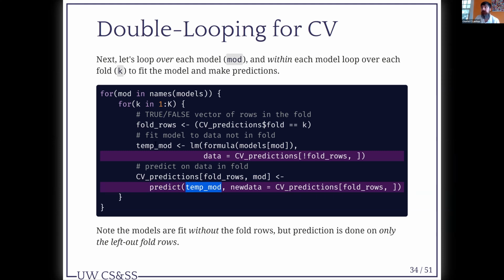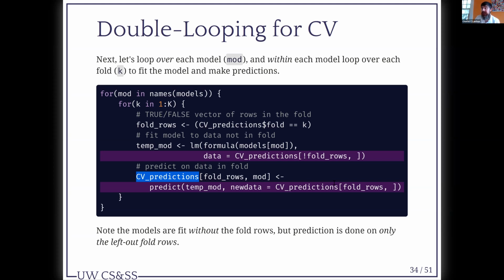So we've run this model on 270 observations, but the data we're going to use in our prediction is CV predictions fold rows. So it's the same code as this, but without the exclamation point. This data set here is the 30 observations in that fold. So the prediction is generated using this model, but the data is from the fold, okay?